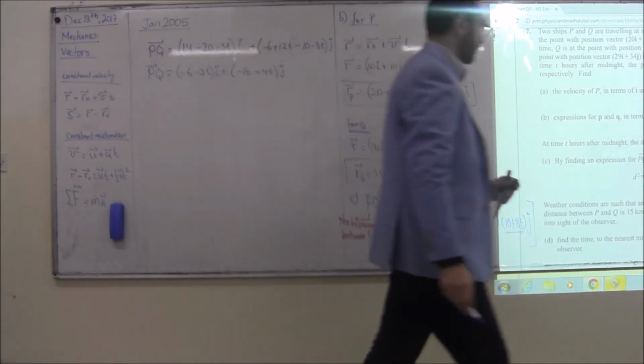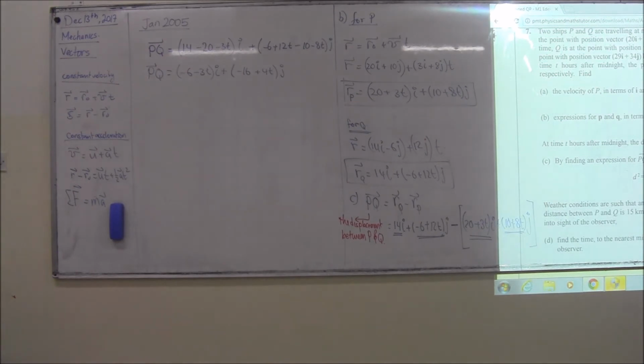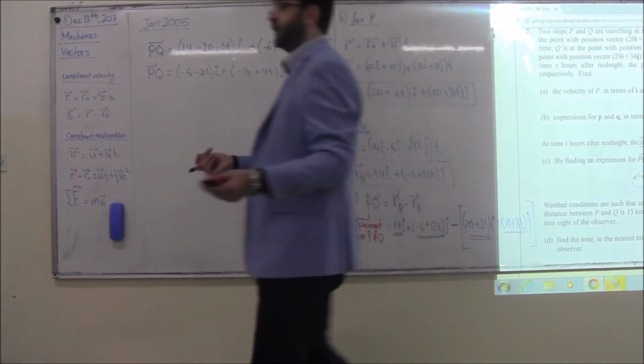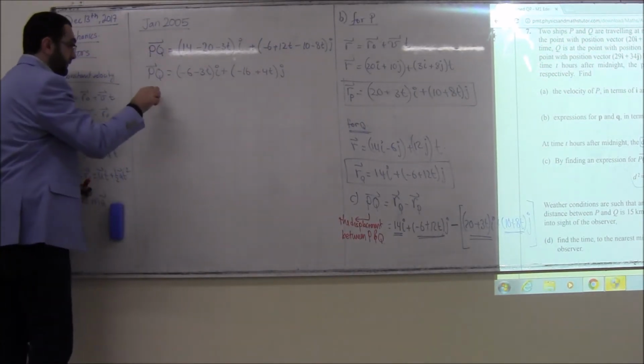And we have to show that d squared is 25t squared minus 92t plus 292. What is d? It's defined in the question as the distance between P and Q. What did we find here?